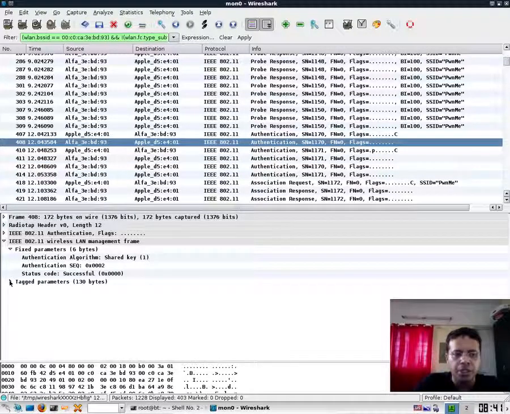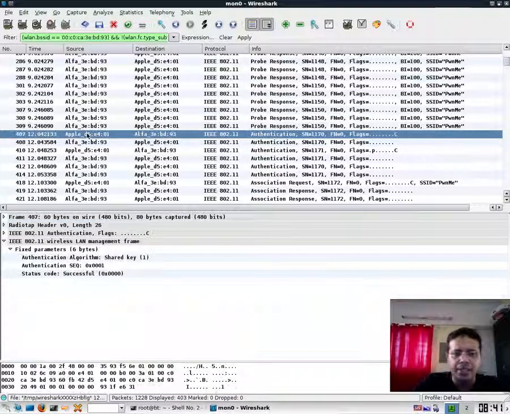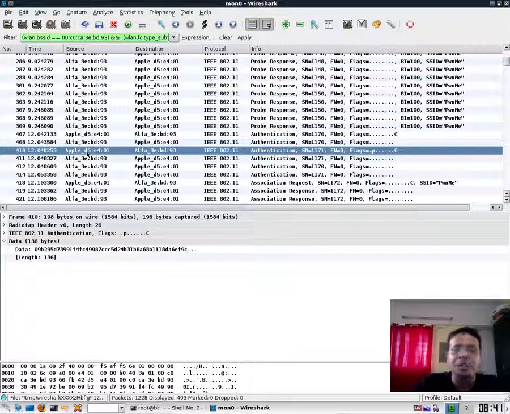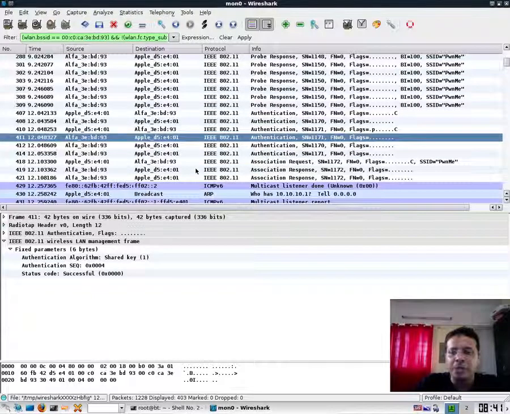The interesting thing here is that the client sent a request for auth. Our fake AP, just a fake WEP AP for the authorized network, sent an arbitrary challenge text. The client stupidly encrypted that with the real WEP key, and to which our Alfa card happily said, you know what, you're authenticated. Great. And from that point on, data started.